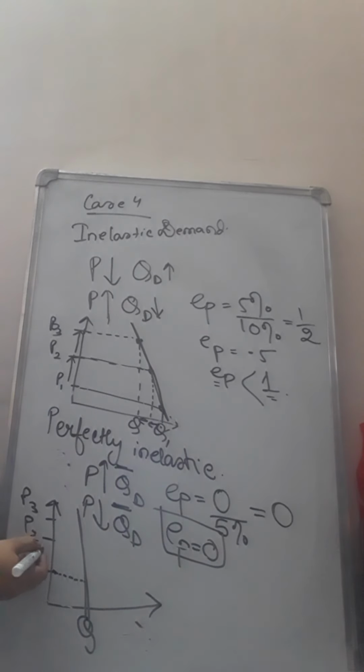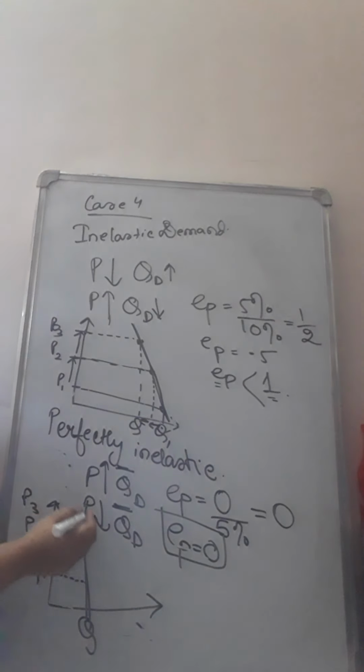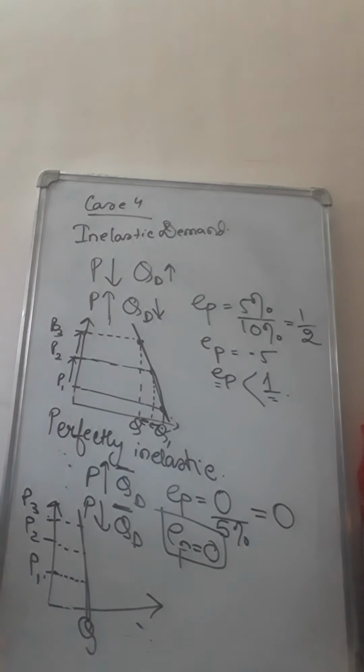When price increased, you are demanding the same quantity, it is not changing. And when the price is charged P3, then also you are demanding the same quantity. So you are not responding as a result of price change. So a vertical demand curve is obtained. So these are all the cases of elasticity of demand.